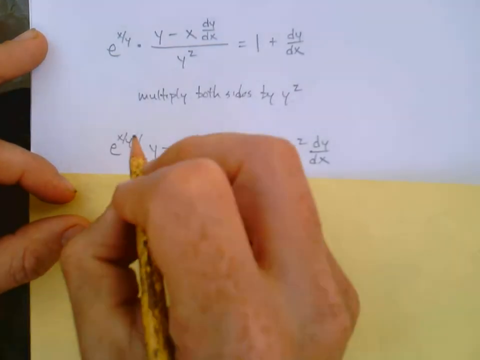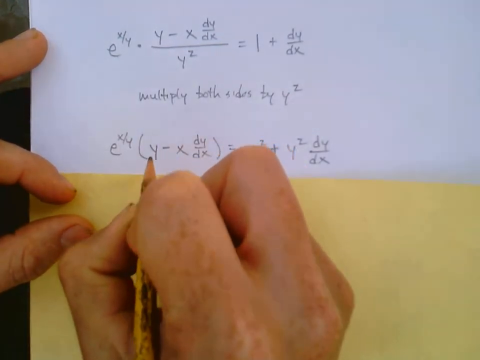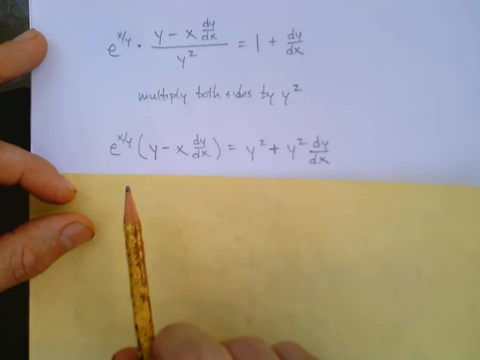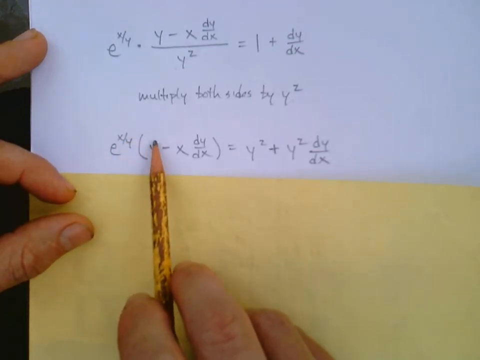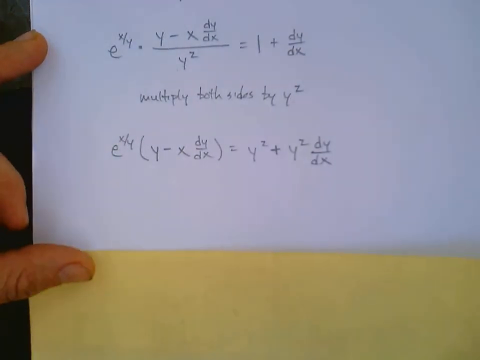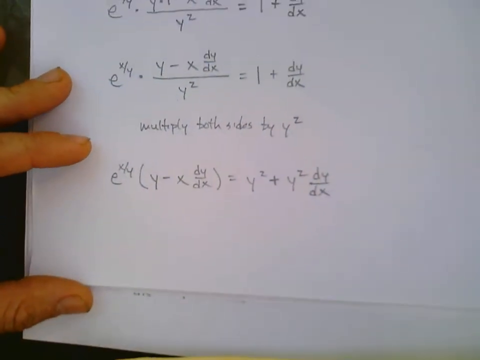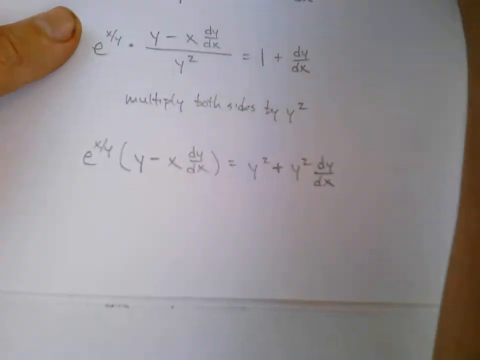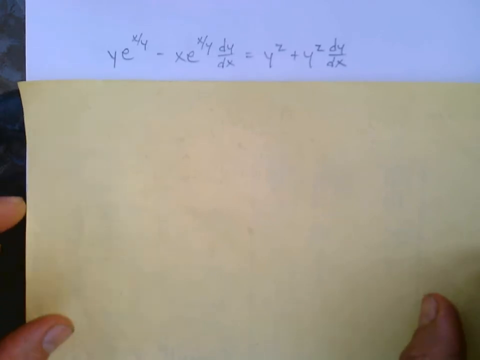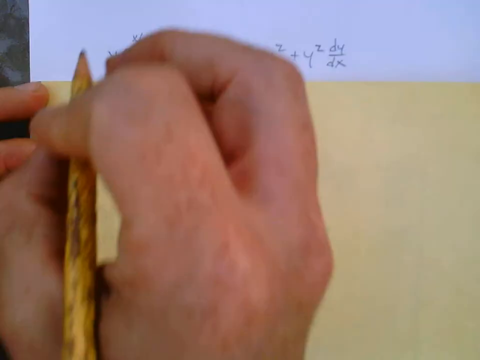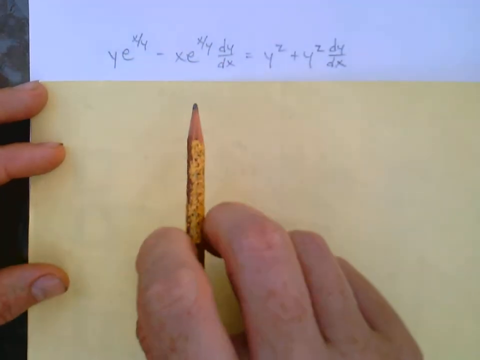And then, well, it's going to take a few steps, but I wouldn't be surprised if you feel a lot more comfortable at this point. We need to distribute the e. Oh, well, I guess I do that on the next page. It's a lot of writing here because we're copying so many things as we do one little move.